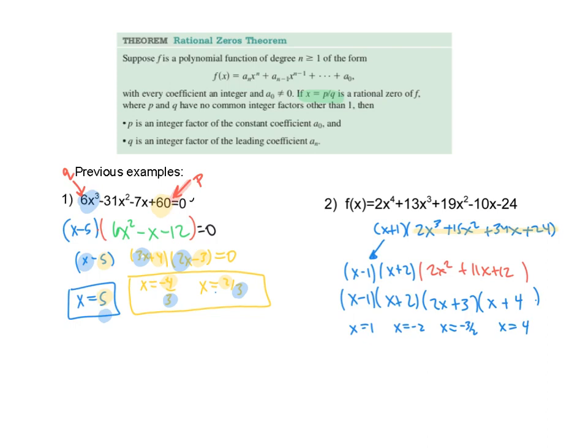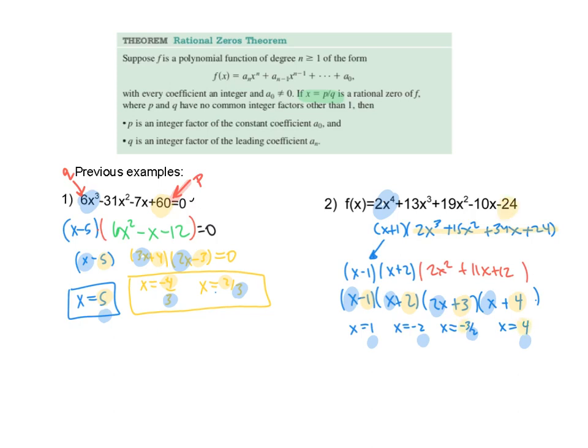Same thing with the second example we did. Notice if I take x times 2x times x, those all multiply to be 2x to the fourth. Where did those end up? Those ended up on the denominator of my final answer. If I take negative 1 times 2 times 3 times 4, those multiply to be negative 24.